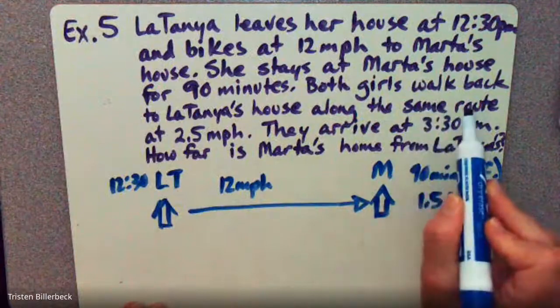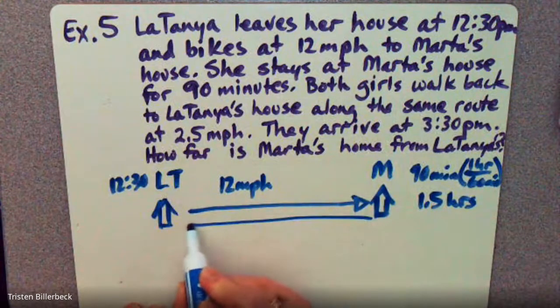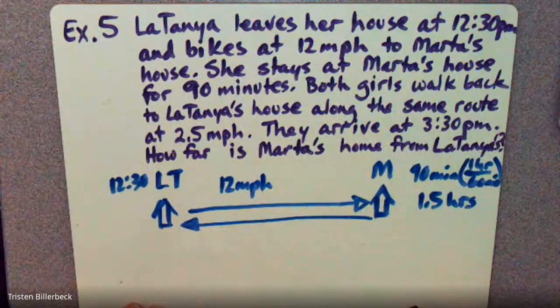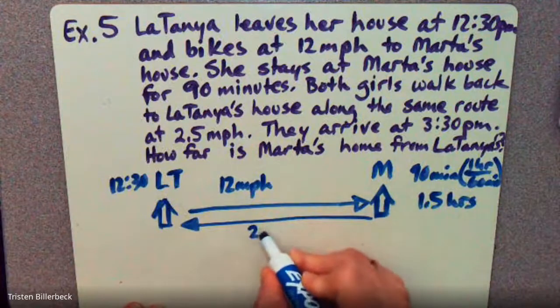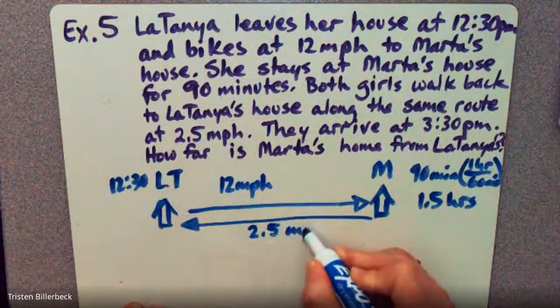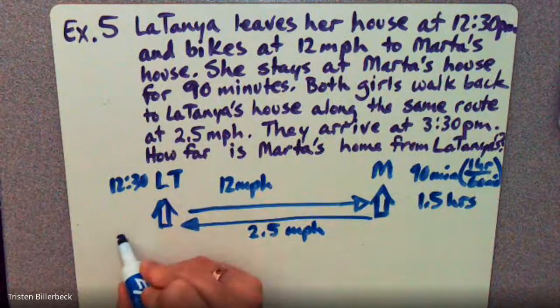So both girls walk back to the house. Okay, and they are doing the same route at 2.5 miles per hour, and they arrive home at 3:30.